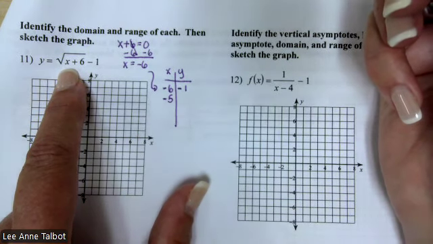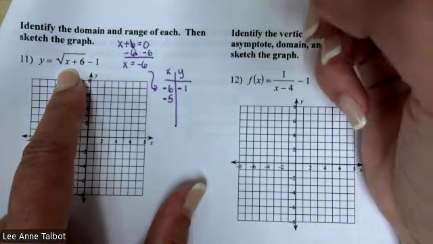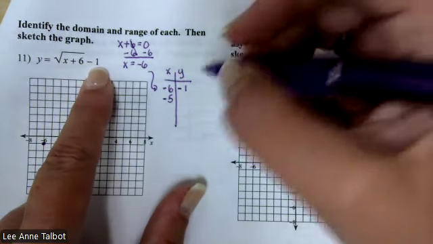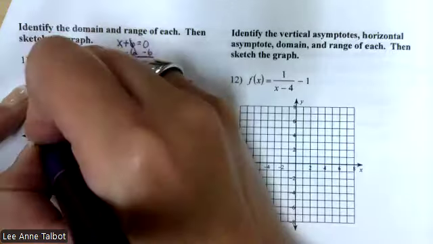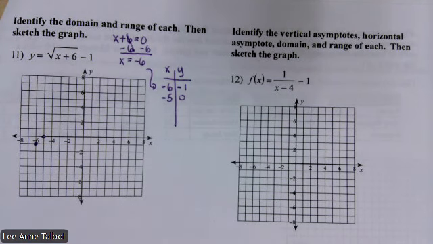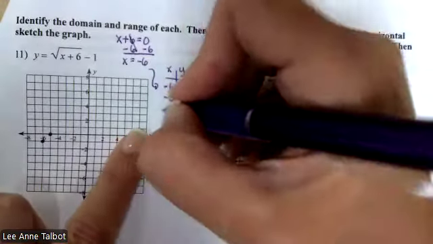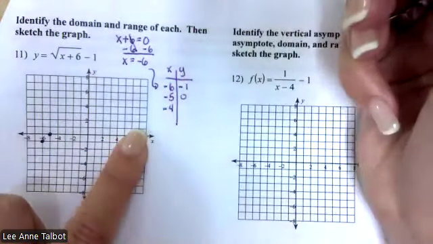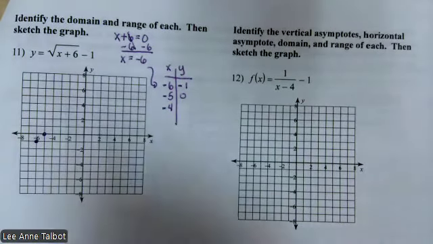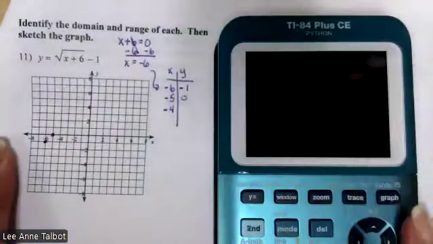What is negative 5 plus 6? 1. What's the square root of 1? 1. What's 1 minus 1? Beautiful. Okay, now remember, I'm making you do all this mental math right now, but you will have a calculator on your test, so you'll be able to plug these things in. Now let's do negative 4. What's negative 4 plus 6? 2.